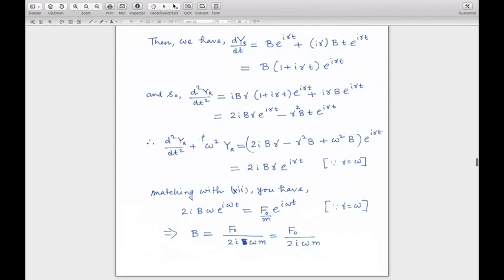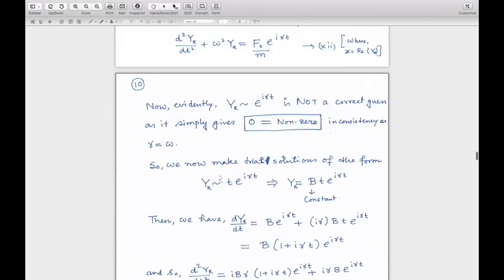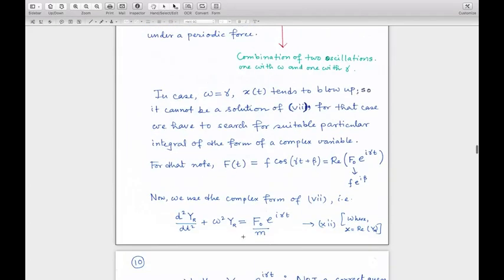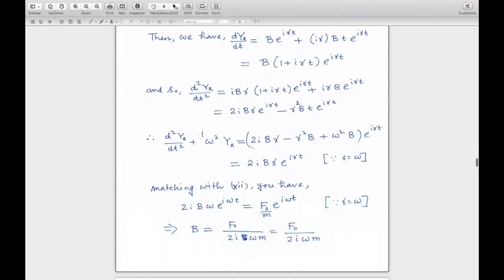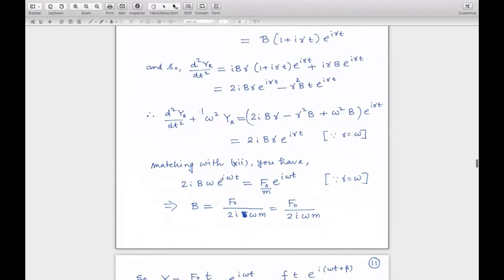Then just replacing all those expressions in the original equation, this equation 12, you can simply say that you have this expression 2ibω e^(iωt) = (F0/m) e^(iωt), and from that you can easily say b = F0/(2iωm).